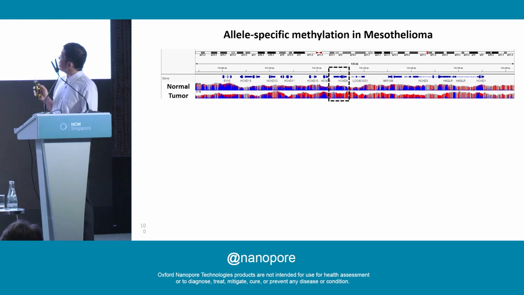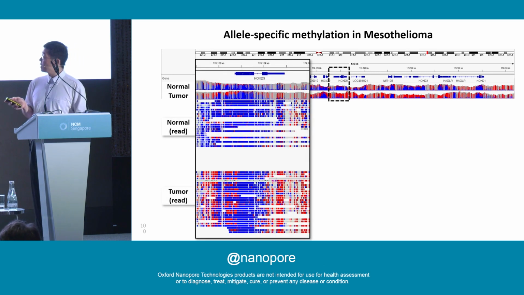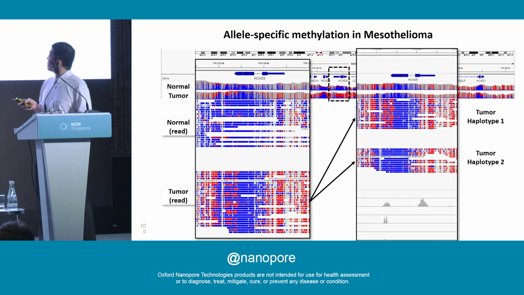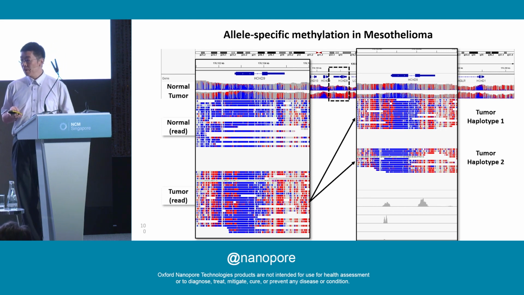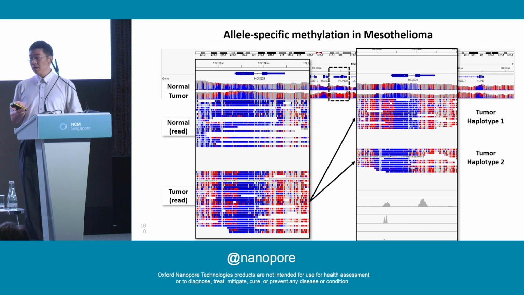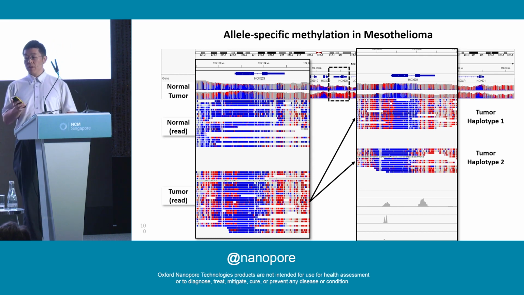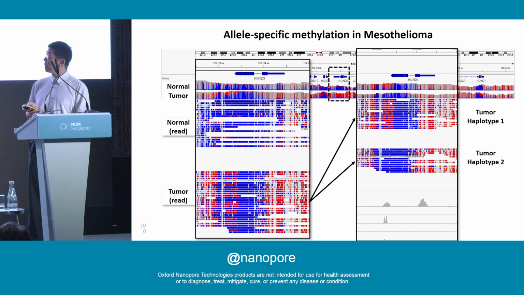In this HOXD8 region, we can clearly see aberrant methylation in tumor cells, and coupled with haplotyping, we can see dense methylation only in haplotype 1. Analyzing with RNA sequencing and ChIP sequencing, only haplotype 2 shows RNA expression and active histone marks.